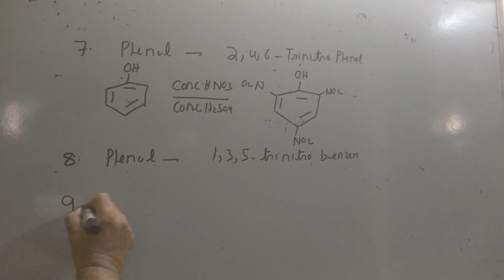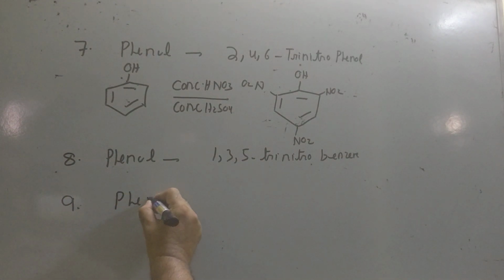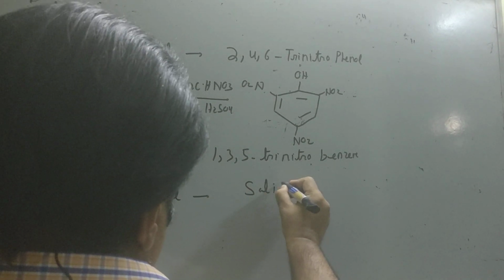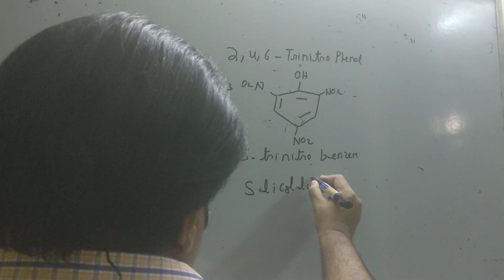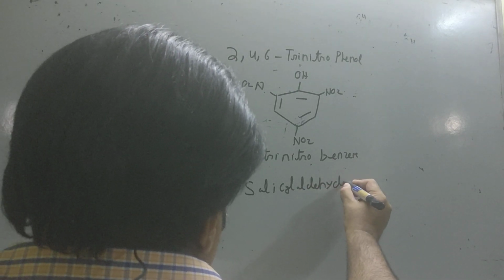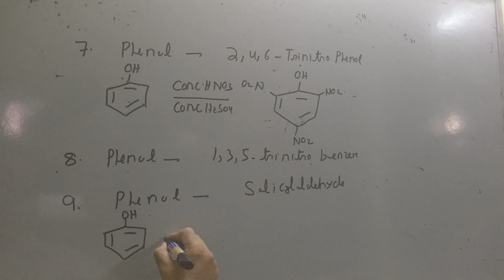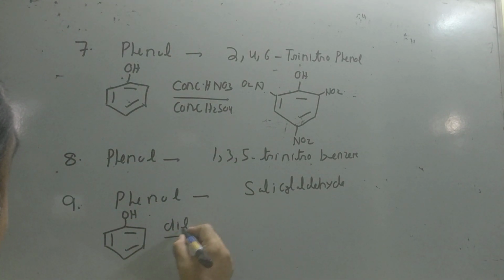The ninth question was again a revision for Reimer Tiemann reaction. It was asked to convert phenol into salicylaldehyde. Direct Reimer Tiemann reaction. We have done just now in today's class only. That was the first reaction we did. You take phenol, dissolve in dilute NaOH.